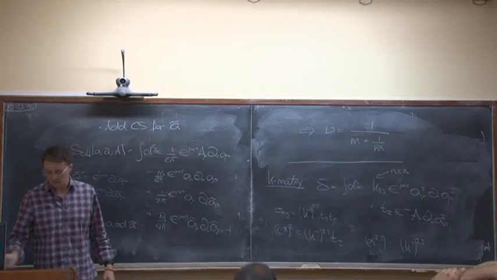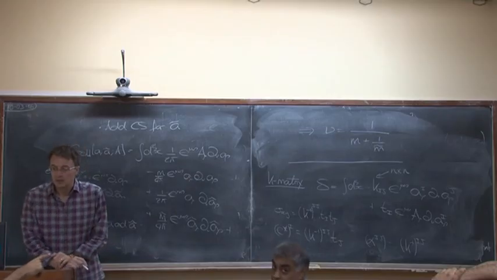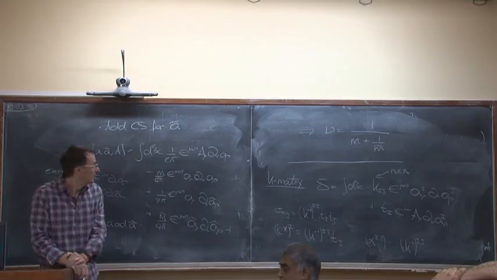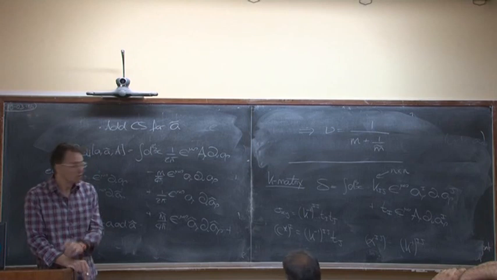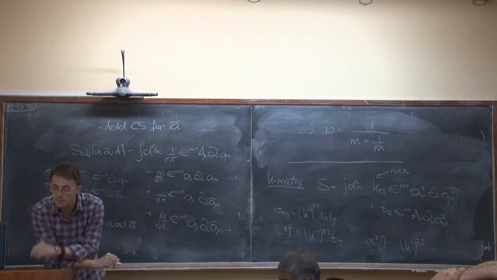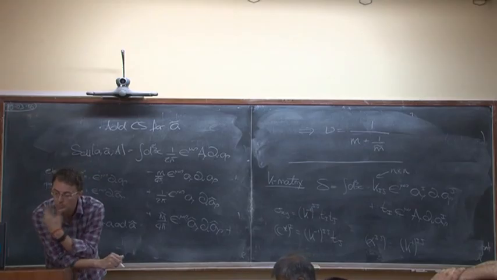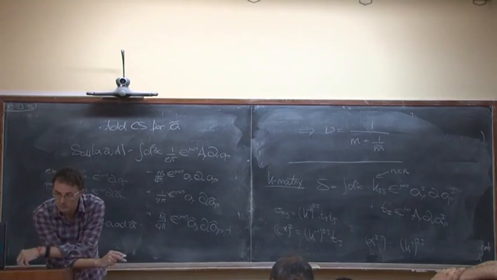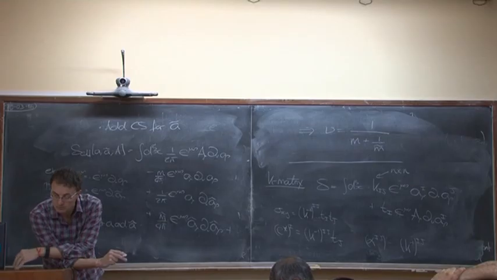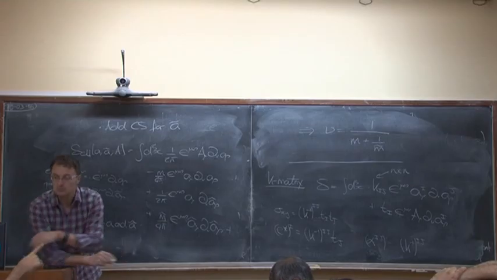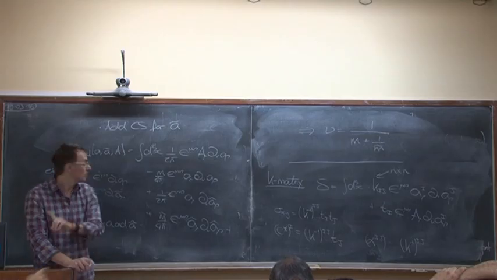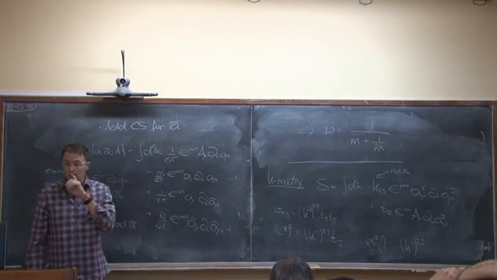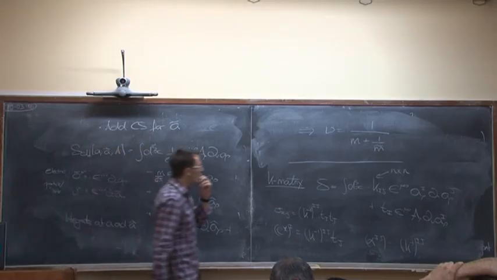Sorry, I have one more question. In the filling fraction formula, the f tilde we earlier got as an even integer, right? Last time when we worked out the filling fraction for this hierarchical problem, we got 1 upon m plus 1 upon 2p. Oh, right, that was even. That's right.